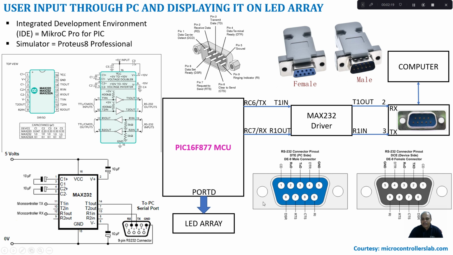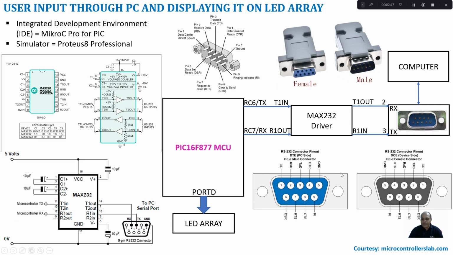In a male connector, pin number 1 starts from the left and goes on to the right, and pin number 6 starts from the left on the bottom and goes on to the right. On the female connector, it is just opposite. Pin number 1 starts from the right side and goes towards the left, and pin number 6 on the bottom increases towards the left.